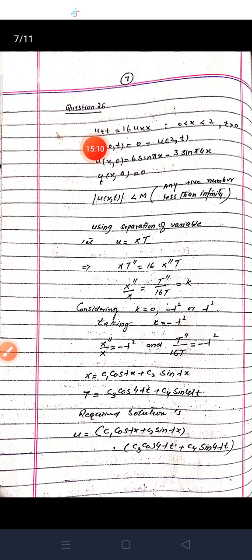Now our next problem is problem number 26 of chapter number 1. This is in the form of u_tt is equal to 16 u_xx, where x is between 0 and 2, where t is greater than 0. Boundary conditions are given: at 0 the function is equal to 0 and at 2 the function is also equal to 0.